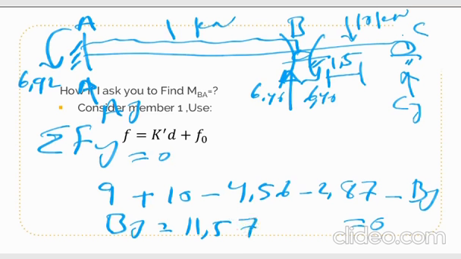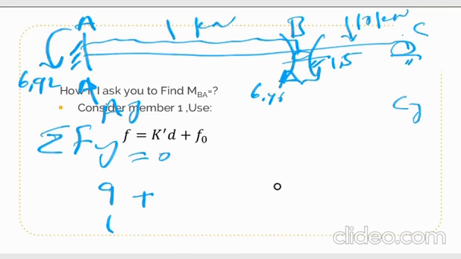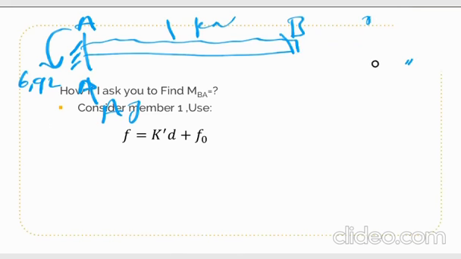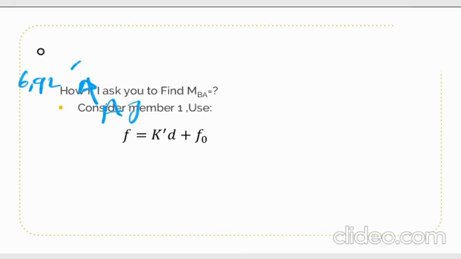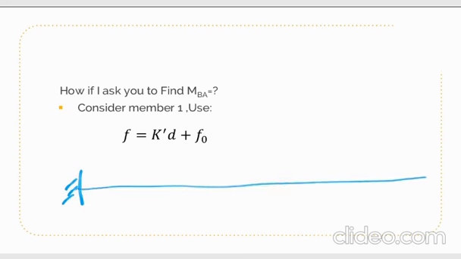Then go to the shear force diagram. After you find all reactions at all points, this is our member.